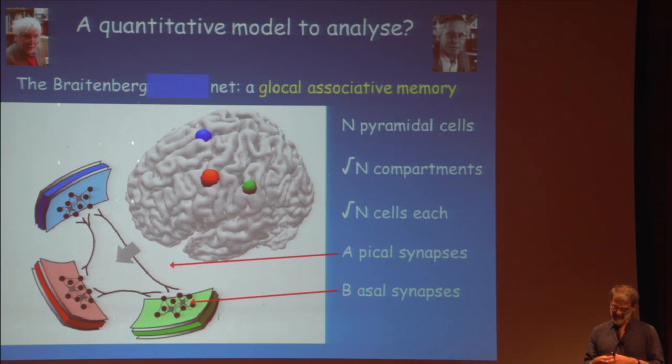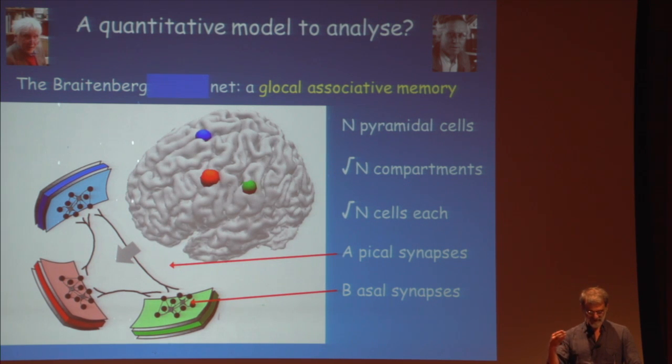Although these numbers are just ballparks, Braitenberg claims that they give at least a first impression of the scaling laws going from very small mammals to mammals with a large brain.